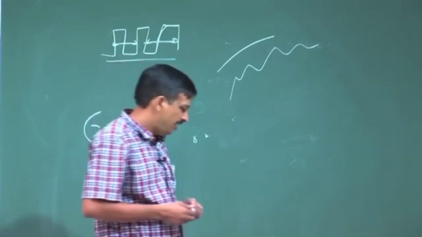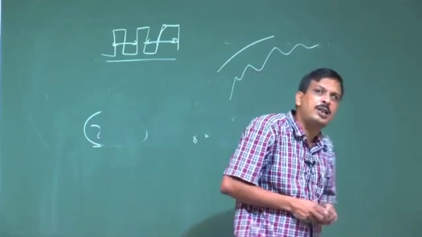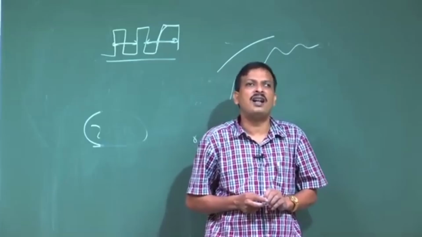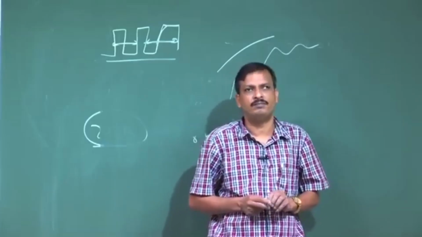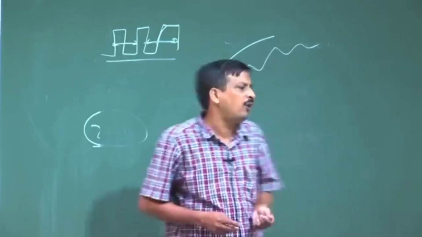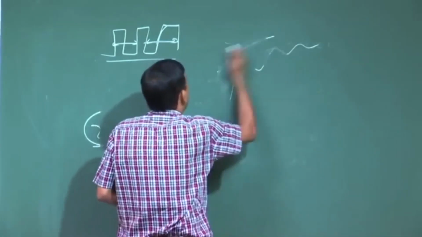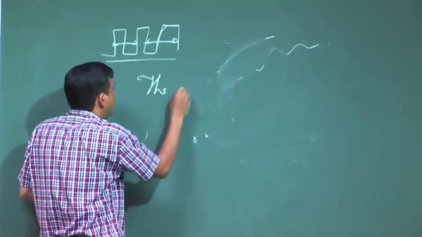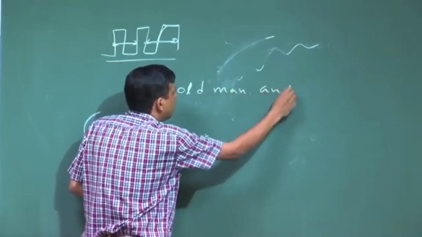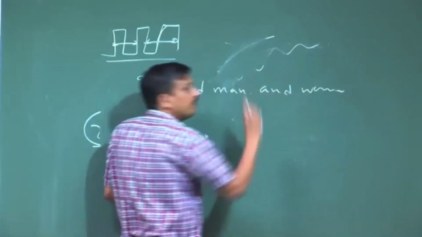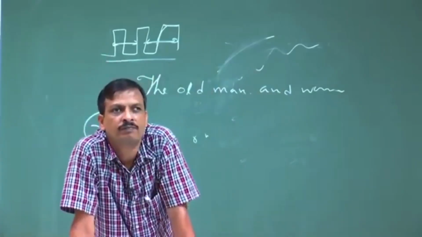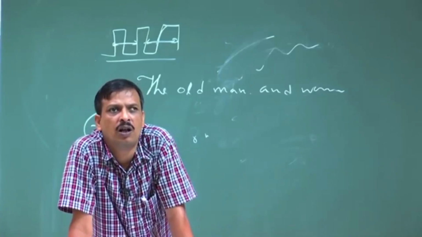Even in spoken language, spoken words and written words are different. Take a very interesting example, the old man and woman. If I say the old man and woman, then the man and woman both are old.